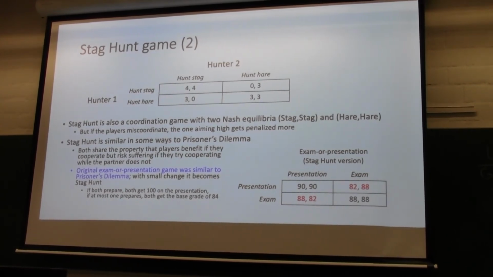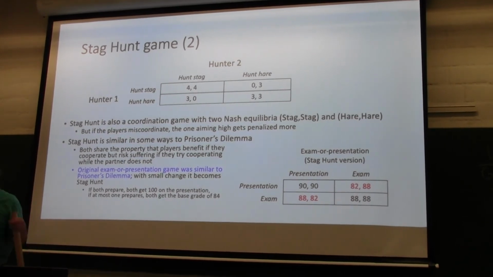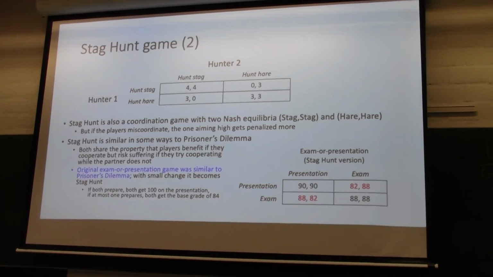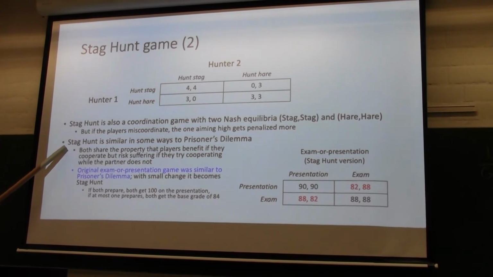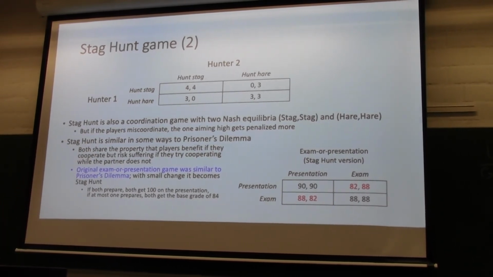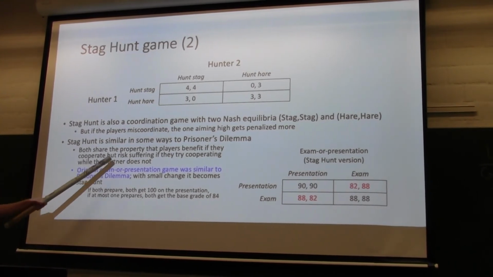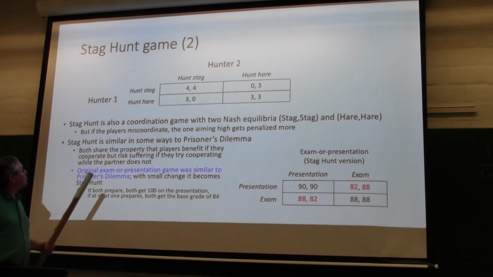So what do you do? Well, maybe stag, stag is better, but it's also more work or something. So again, this is similar to prisoner's dilemma. But now there are two Nash equilibria, and if they try to cooperate but the other one does not, then there's punishment.